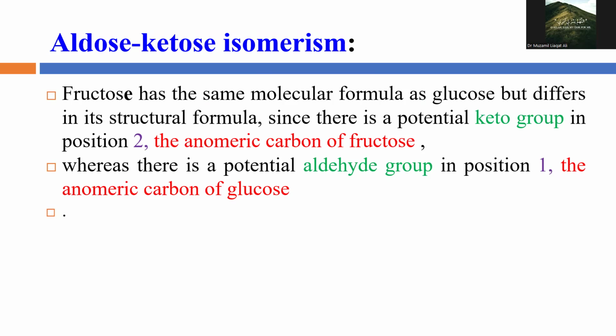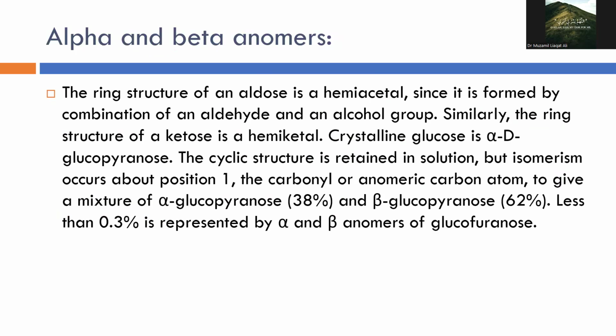In fructose, the ketone is at carbon number 2, the anomeric carbon. This difference profoundly affects their cyclization pattern and metabolic pathways. In the liver, fructose bypasses the main regulatory step of glycolysis, that is phosphofructokinase 1, which has important implications in conditions like fructose intolerance and non-alcoholic fatty liver disease.